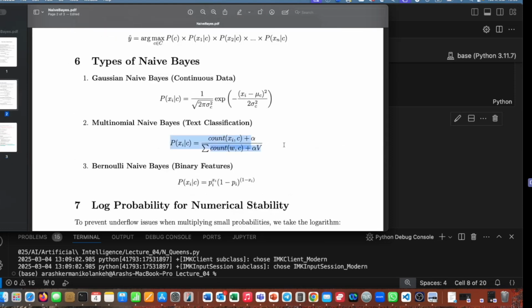What is this formula? It says that the probability of a characteristic inside a class, now we will see what those characteristics are, is calculated by the count of occurrence of that characteristic within the class.